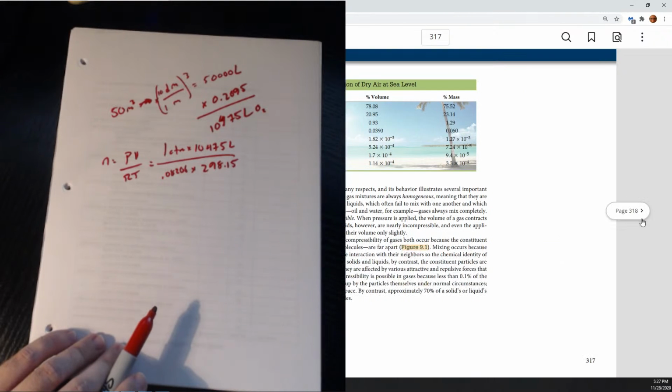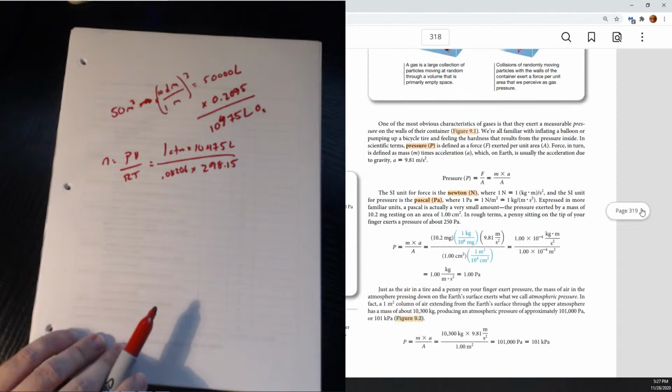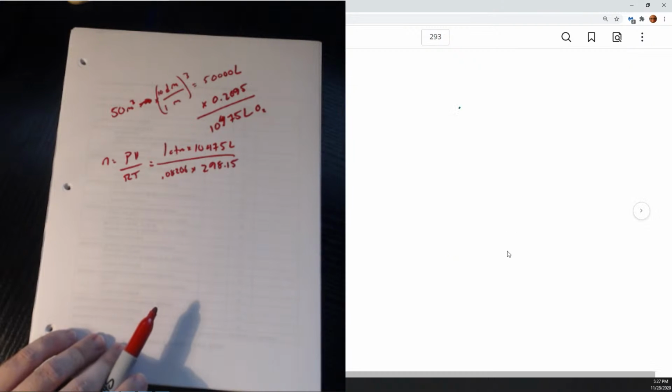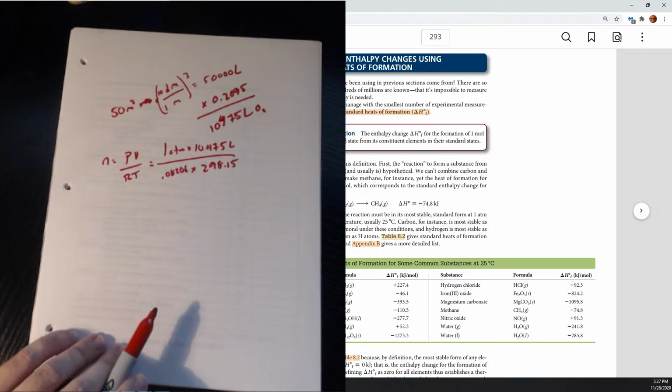Somewhere around here they must. No, they define that in Chapter 8 somewhere. 25 degrees. Okay, so it's 298.